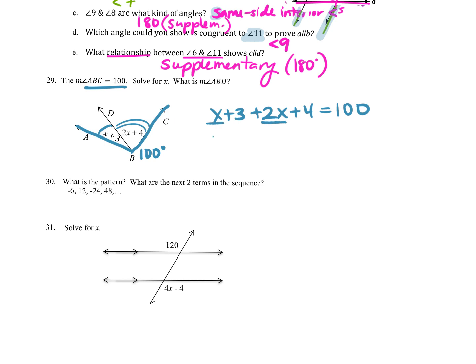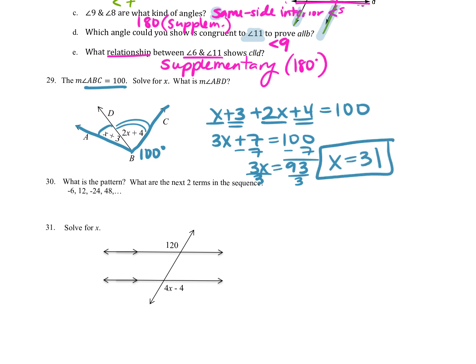So x plus 2x is 3x. 3 plus 4 is 7. So take away the 7, and you get 3x equals 93. Divide by 3. So x is going to be 31.